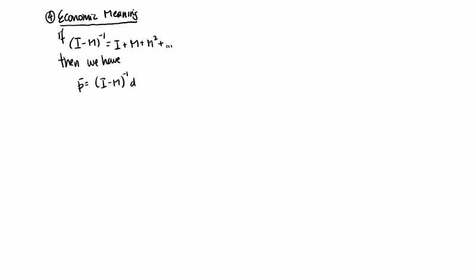This is the case where I minus M is invertible, D is either 0 or non-zero, typically non-zero, and this is how we find P. This now becomes this, which we could then expand to this.